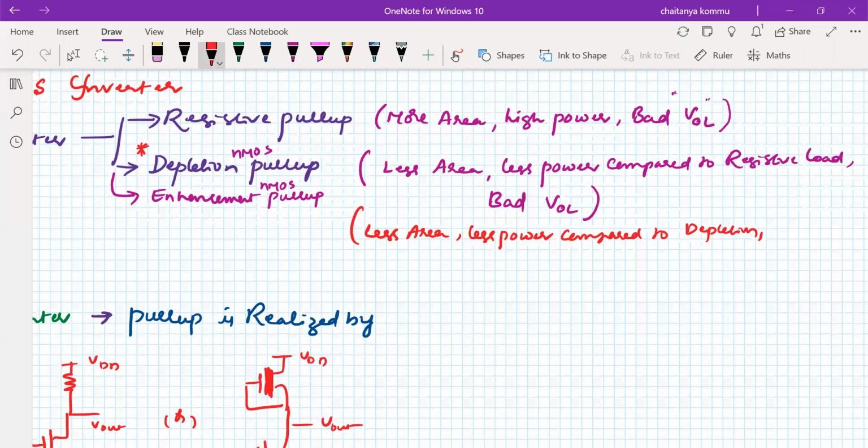And very bad VOL and VOH, the output low value as well as output high value, both are very bad. So these are the problems that we faced previously.